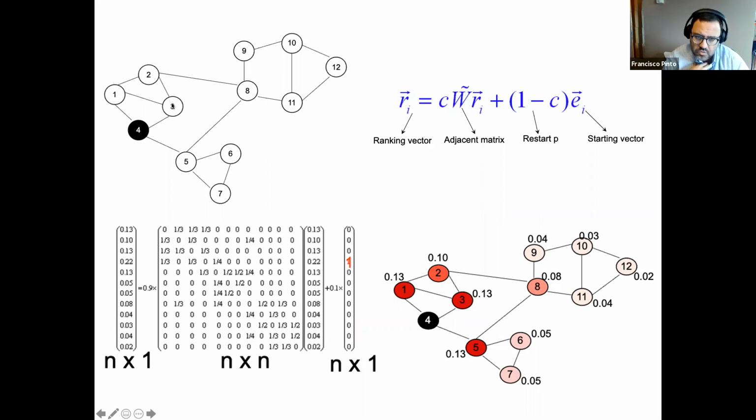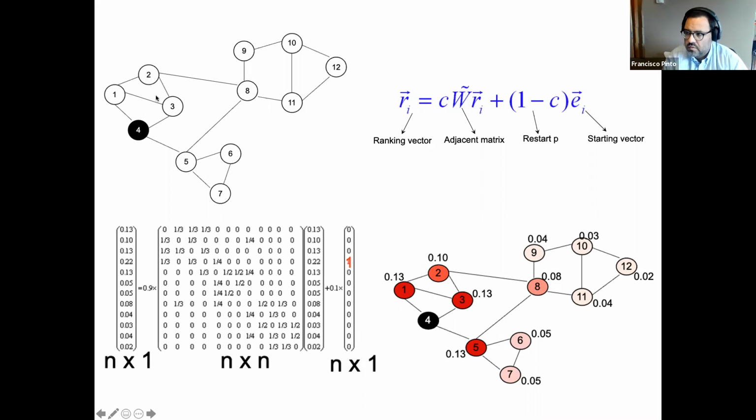And imagine again that you go to 3. Then in 3, you have 50% chance of getting back to 4 because it is the origin of the random walk. And extra, you have 1/6 because it also has 3 direct neighbors. You have an extra 1/6 probability of getting to 4, 1/6 probability of getting to 1 or visiting 2. And you do this iteratively.